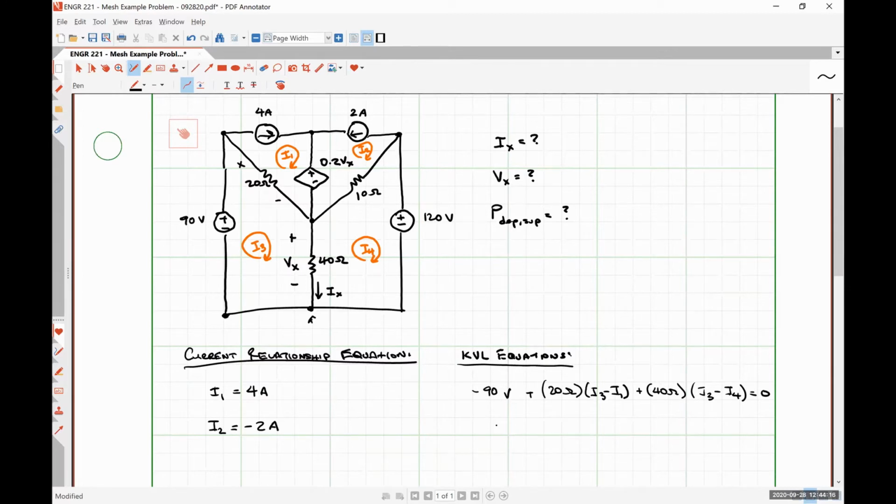The reason why I don't like to include things like that in my first section of equations is because I find it to be confusing, actually. I'm trying to get everything in terms of the mesh currents as much as possible. And in this particular case, I expect that all of the contribution of the current I4 will have a positive value, and throwing a negative sign in front might make things a little bit confusing.